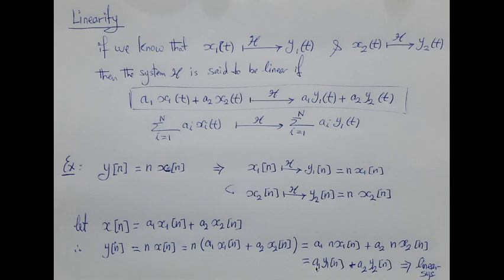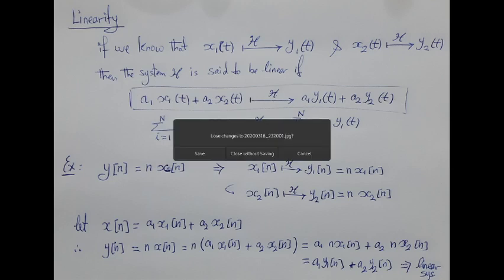So now we will have a1 y1 plus a2 y2, which will give us a system that's linear, because we had a linear combination of the inputs x1 and x2 and we got a linear combination of the corresponding outputs y1 and y2. So this relation is satisfied and now we have a linear system.